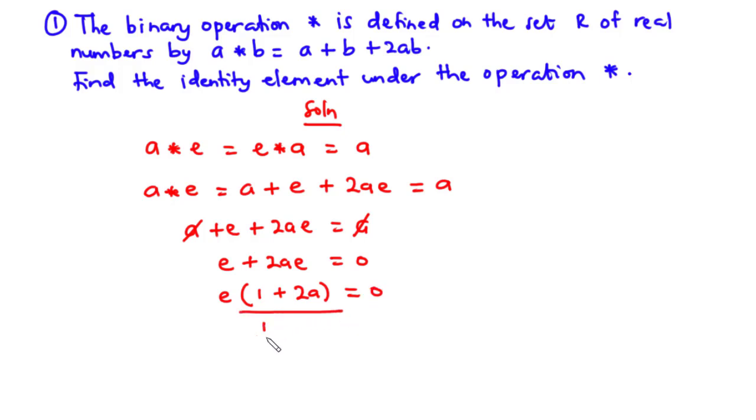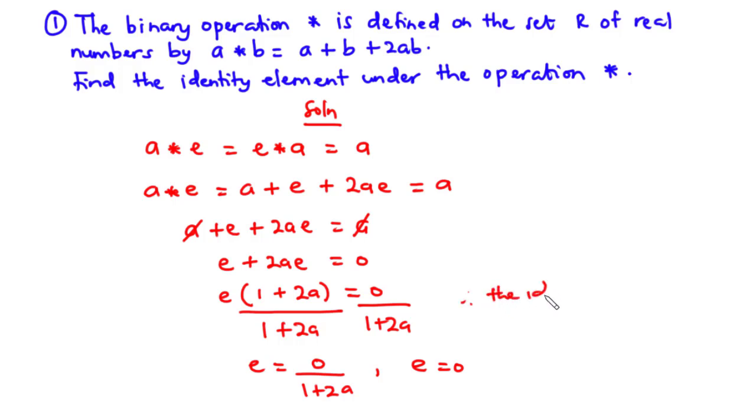We divide through by 1 plus 2A, and then we have E equal to 0 over 1 plus 2A, and 0 over 1 plus 2A is equal to 0. So we have E equal to 0. So it follows that the identity element under the operation star is equal to 0.